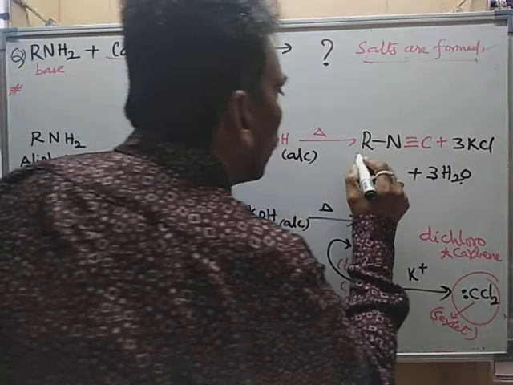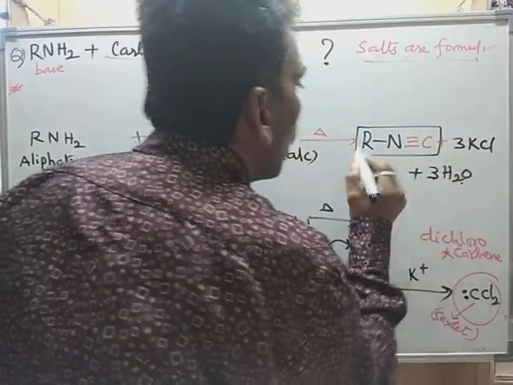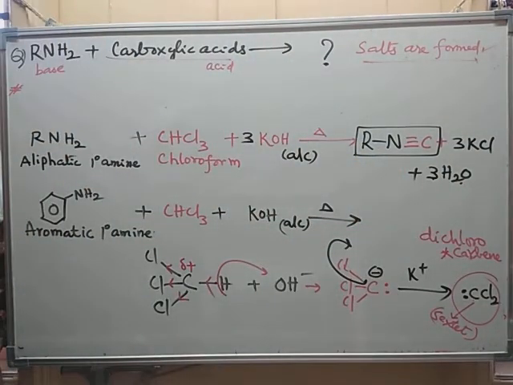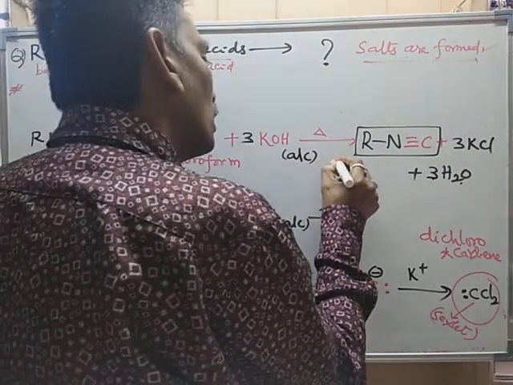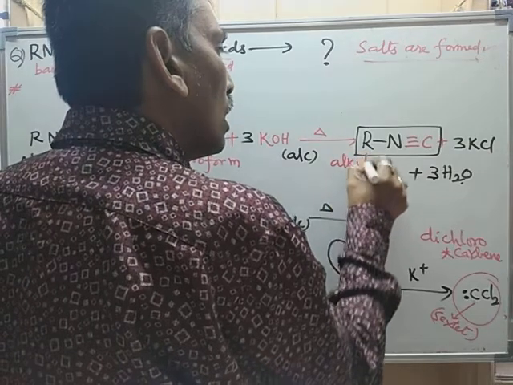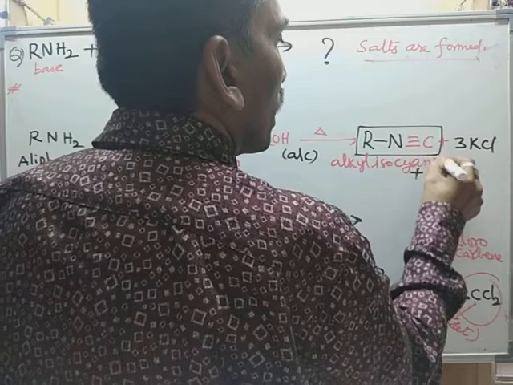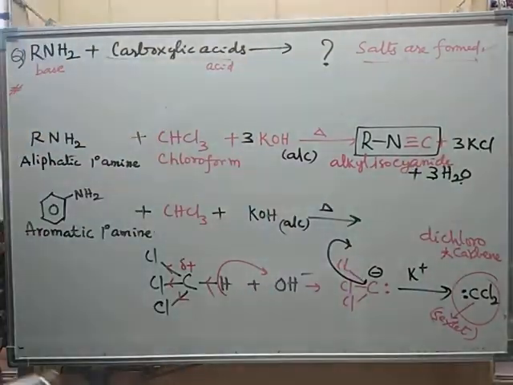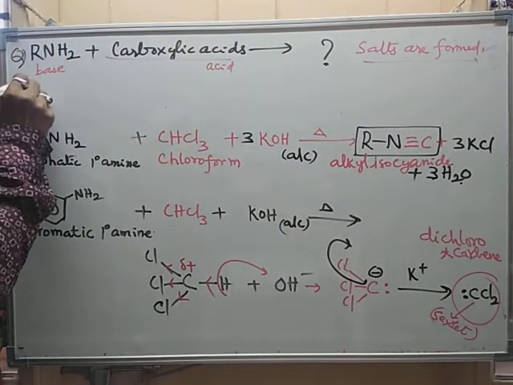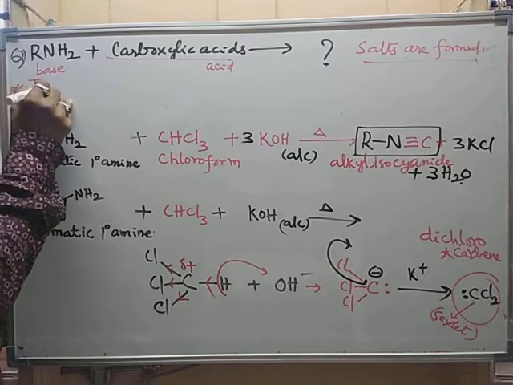And the name of the product is alkyl isocyanide. As the name of the test, it is called the isocyanide test or carbylamine test.